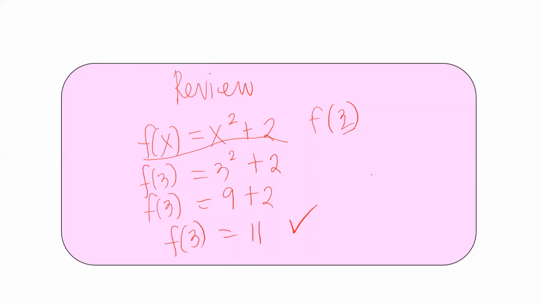So that means you have to copy the given, then replace with the replacement value, then perform operations, and then you got your answer. That is just how to evaluate a function. Also, you can rewatch the video if you want to relearn or recall evaluating functions.